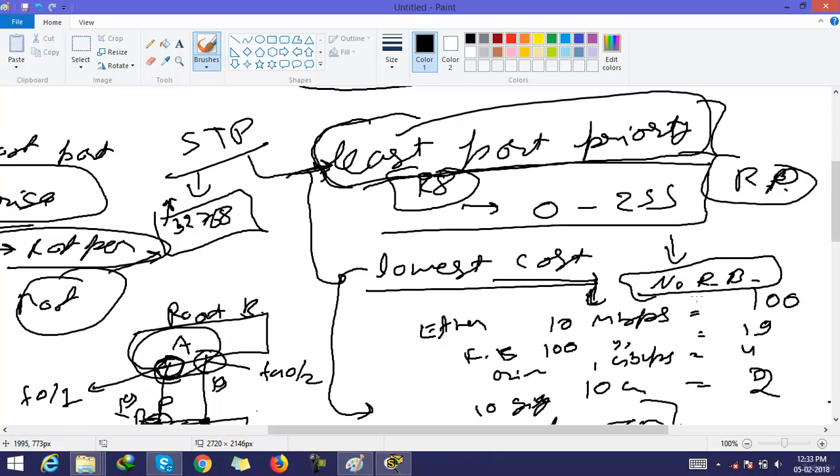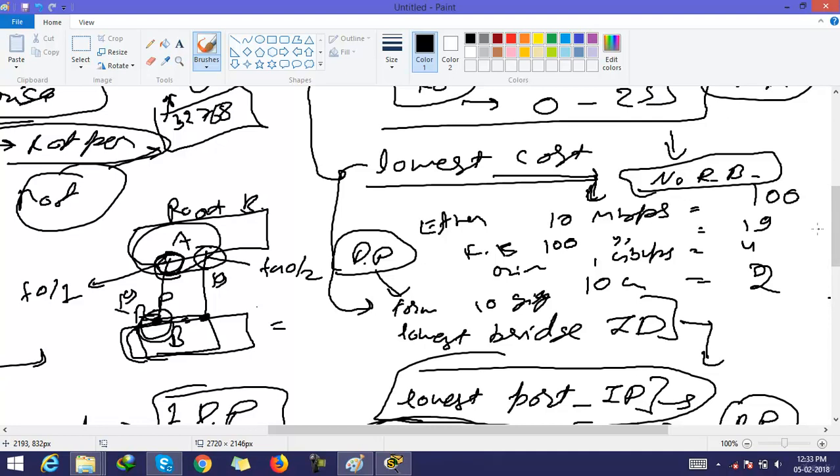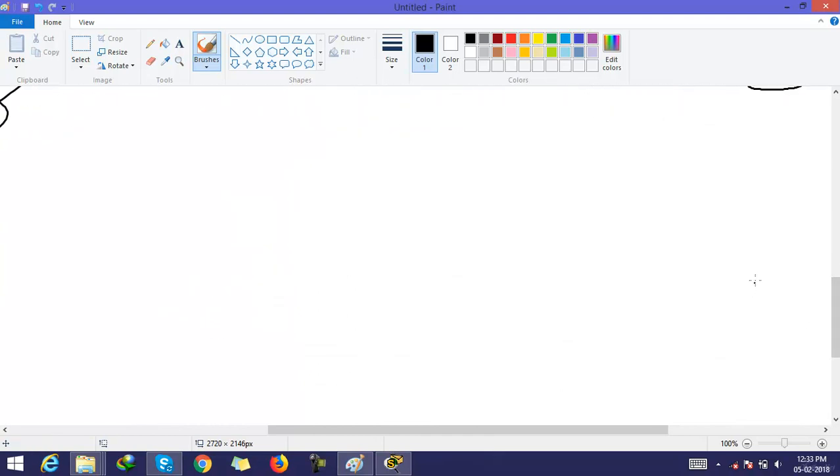After electing the root port on every non-root bridge, STP starts to elect designated ports, that is, DPs. These ports are also in forwarding state. In the network, every link has one designated port. Let's take an example like this.